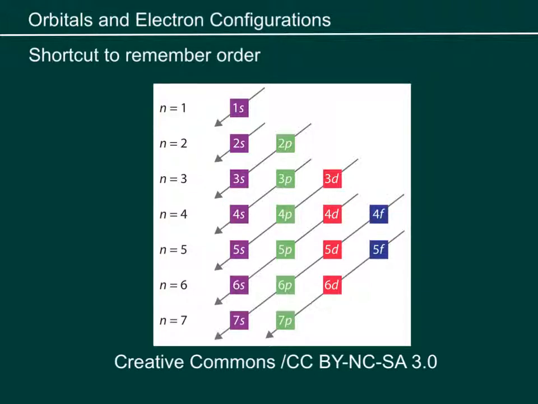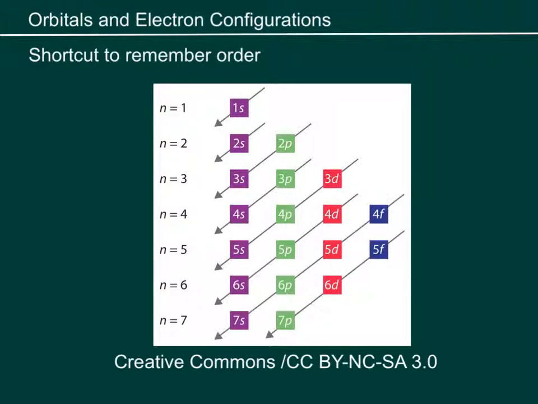If you write this out and draw diagonal arrows through it, you go from 1s, the first one you fill, then 2s, then the 2p, followed by the 3s, 3p, 4s, 3d, 4p, 5s, 4d, 5p, 6s, and so on. This is sometimes a handy shortcut to write it out quickly, draw the lines, and remember the order in which it goes.